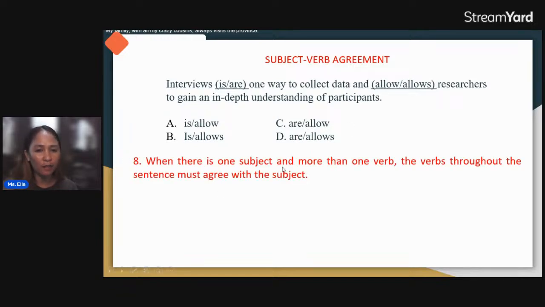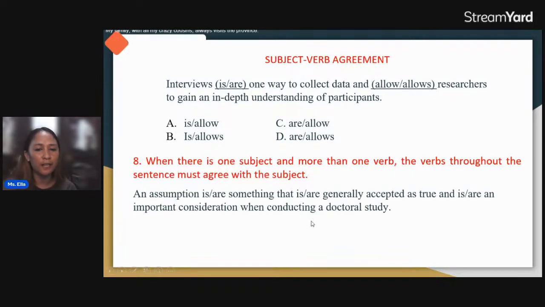When there is one subject and more than one verb, the verbs throughout the sentence must agree with the subject. So we have here interviews, and we say interviews is one way to collect data and allows researchers to gain an in-depth understanding of participants. So we have here is and allows.